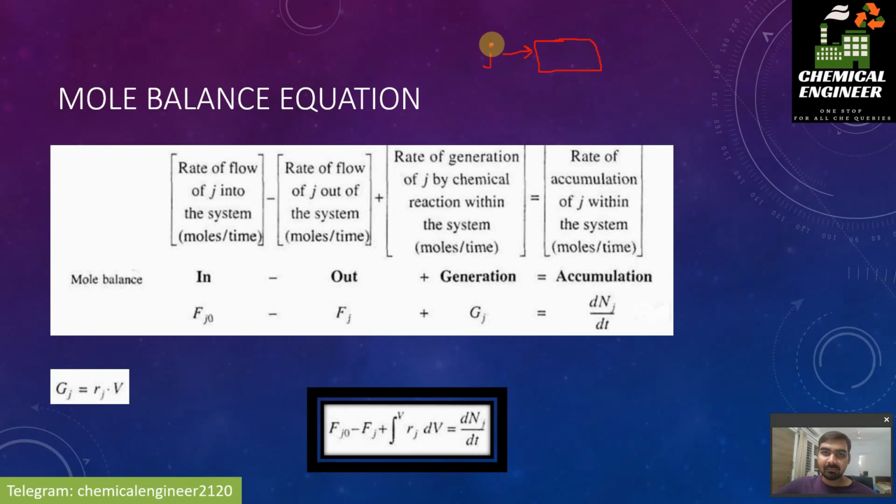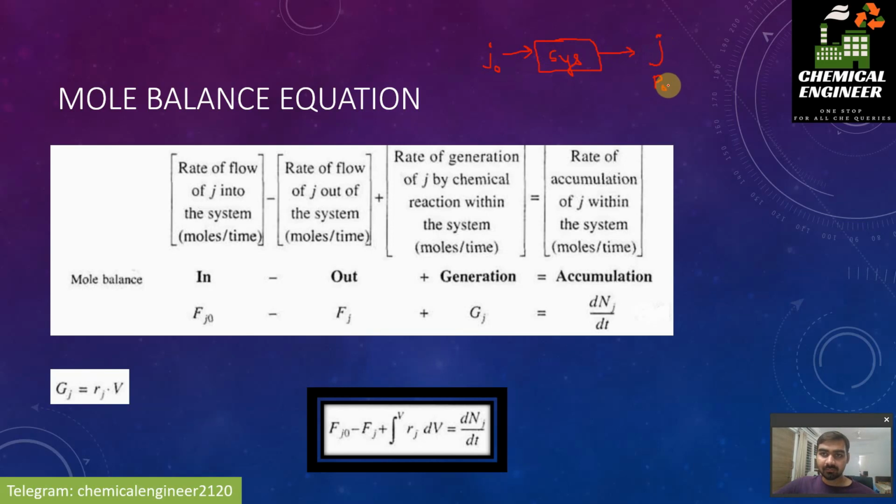Suppose J is the name of a product we are giving to a system, and finally it is producing J. J naught is the initial product, J is our final product. This is the system.